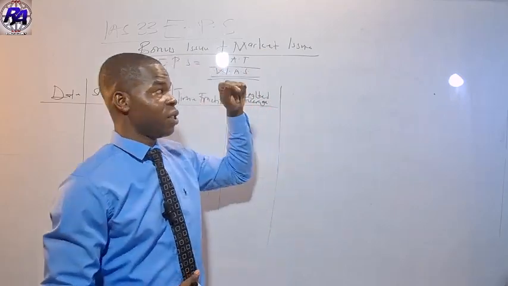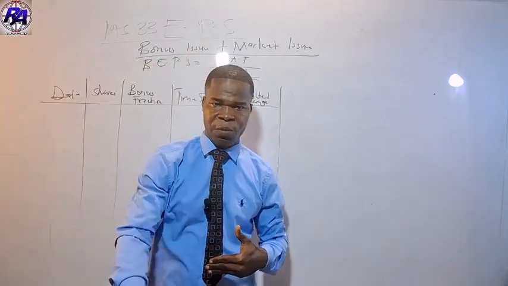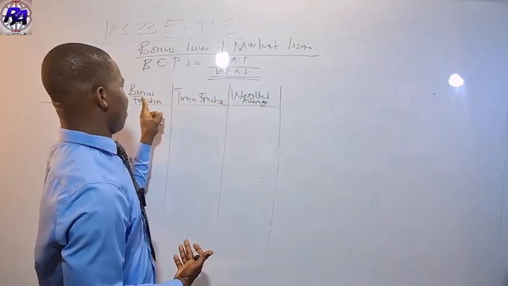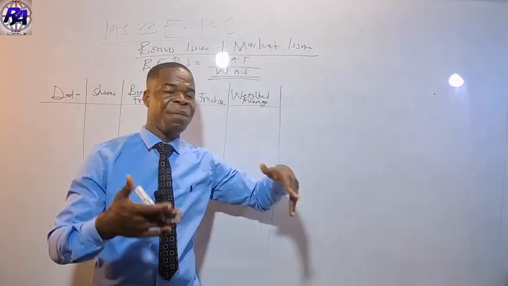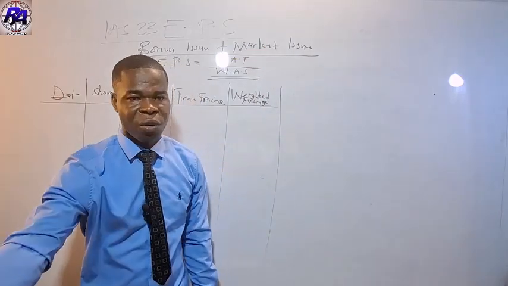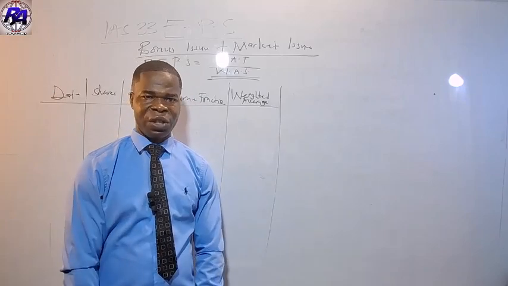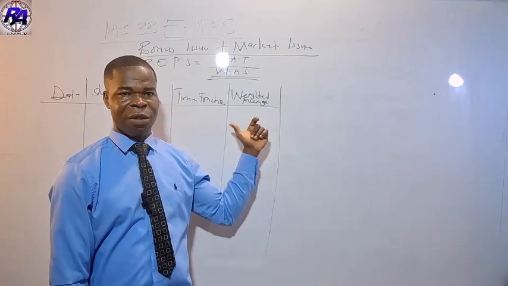It doesn't hold in situations where the question is a combination of market issue and bonus issue. We are going to apply the bonus fraction from the beginning of the period up to the date that there was a bonus issue.